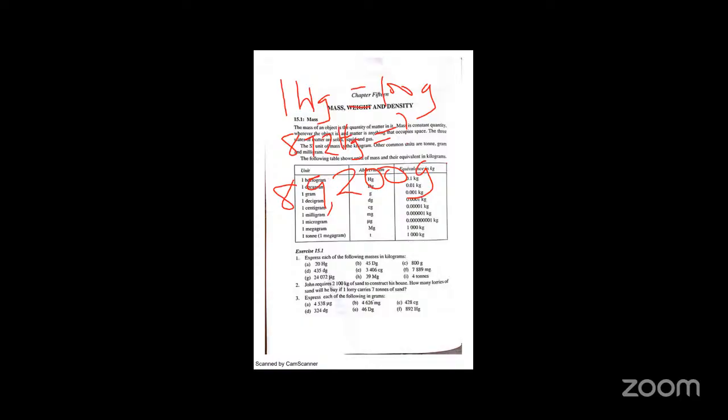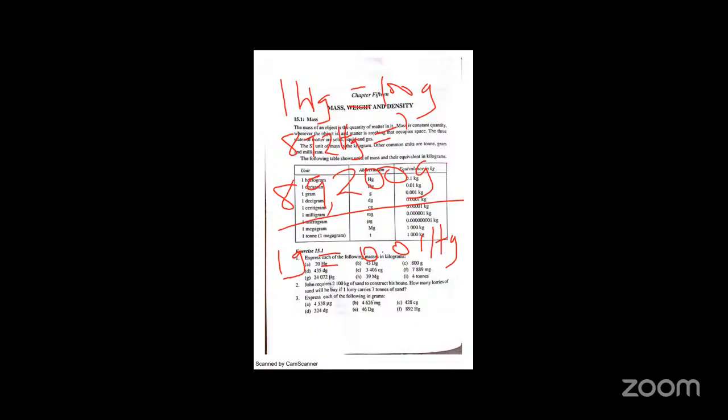In simple terms, if you use this part the way it is, 1 gram is equivalent to 0.01 hectogram. That's the other way in which you can do it.